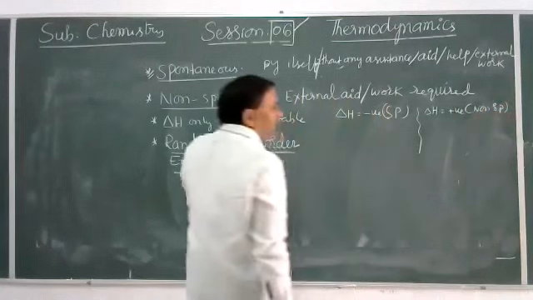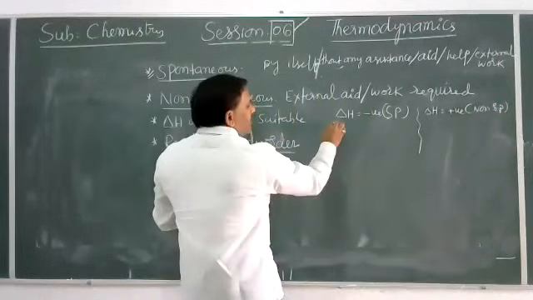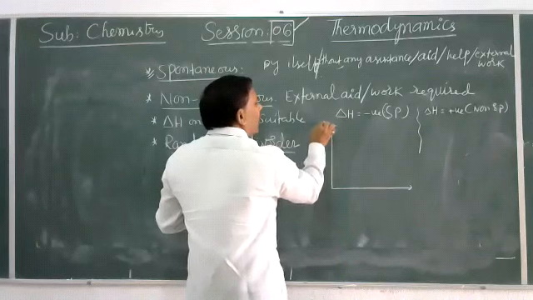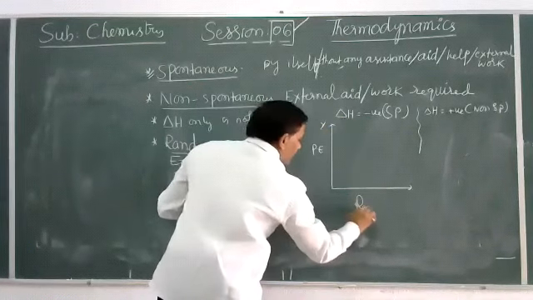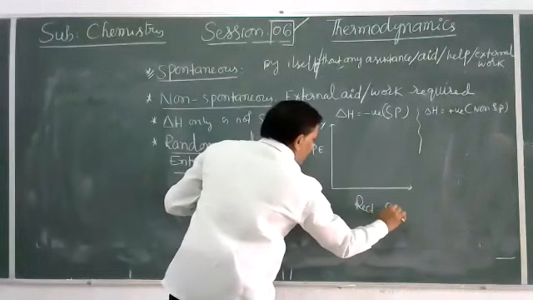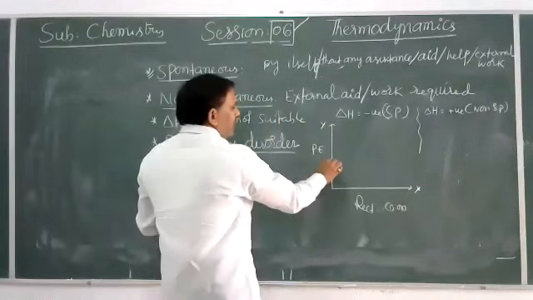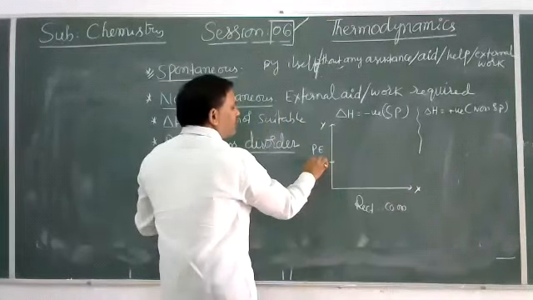Graphically, how can we express this? It is the graphical representation between potential energy along the y-axis and reaction coordinate along the x-axis. This is the potential energy of the reactants, HR.